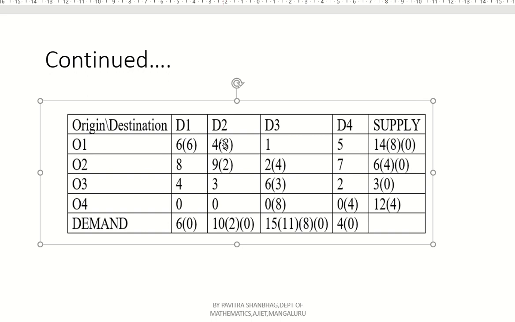Since nothing is left in this row, 0, the complete row vanishes and should not be considered further. This also affects the demand: 10 minus 8, that means 2 remains.